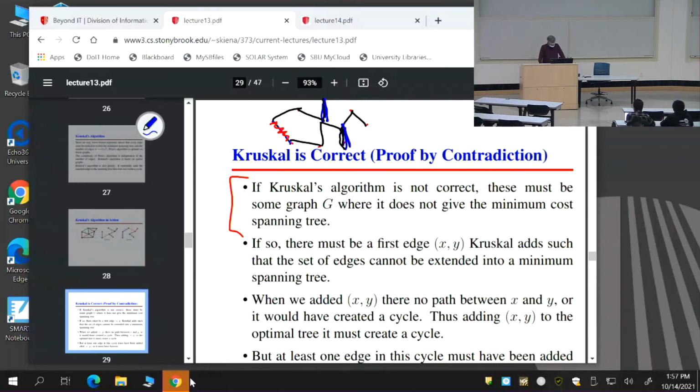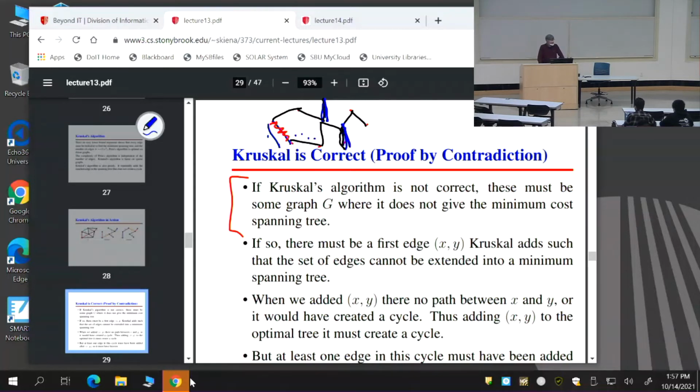Now, I claim this edge is not going to be the heaviest edge on the cycle. Why not? Well, when I added this edge, it did not create a cycle with what I already had, because otherwise I wouldn't have added it, right? That means that there is at least one other edge that was added after I added this edge. What do I know about that edge?